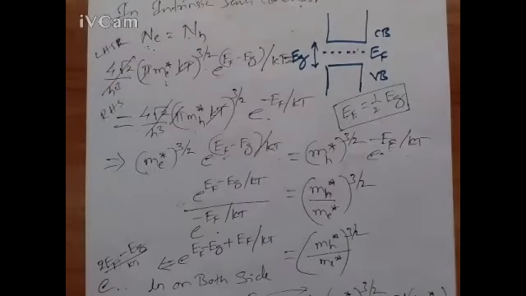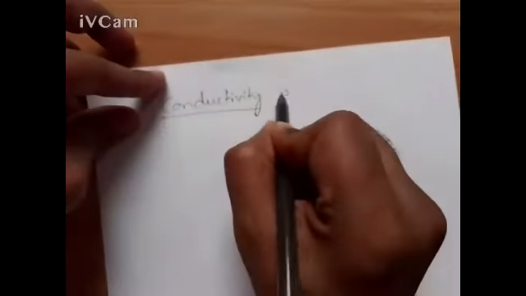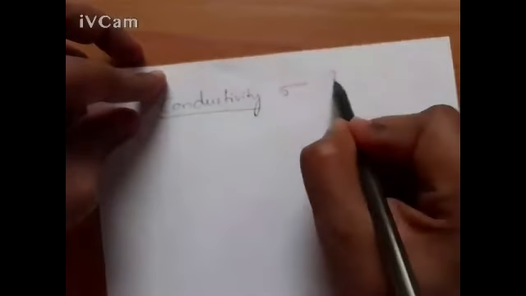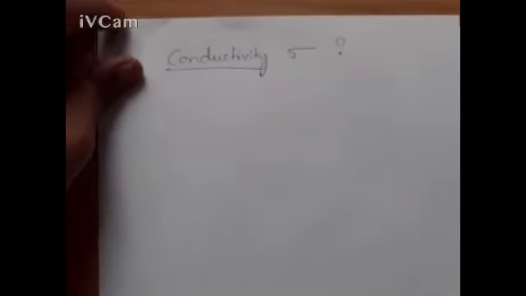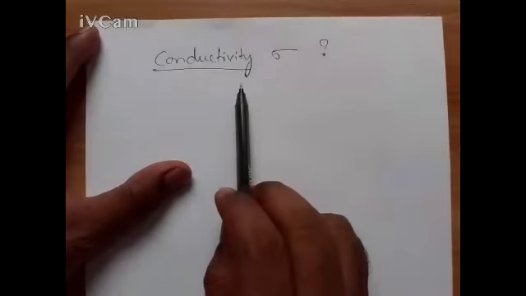conductivity of the semiconductor. We are going to find out the conductivity of a semiconductor. Conductivity means how much it is conducting. Conductivity is sigma. We are going to find out what the sigma of a semiconductor is.